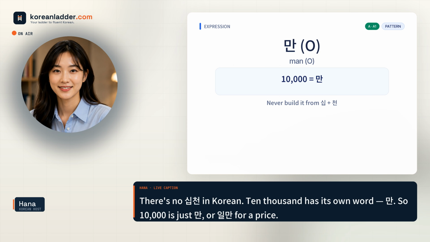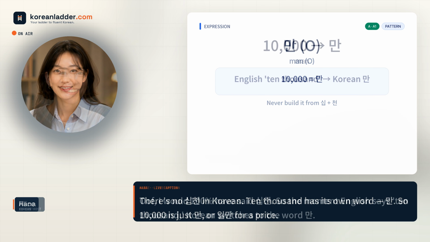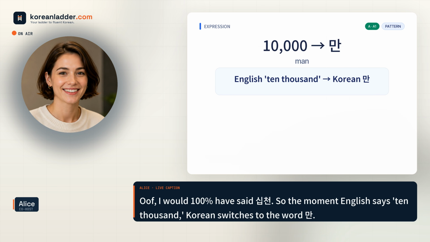There's no word for ten thousand built from pieces in Korean. 10,000 has its own word, 만. So 10,000 is just 만, or 1만 for a price. Oof, I would 100% have said it the English way. So the moment English says ten thousand, Korean switches to the word man.